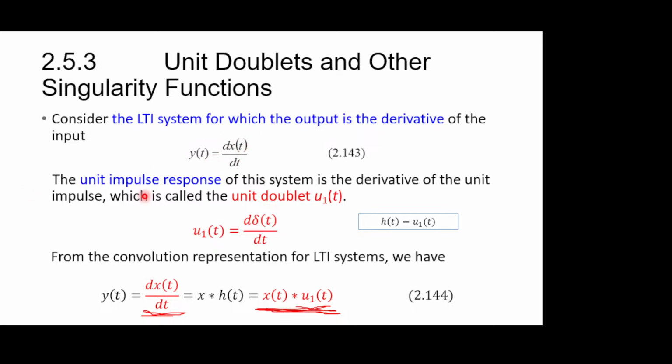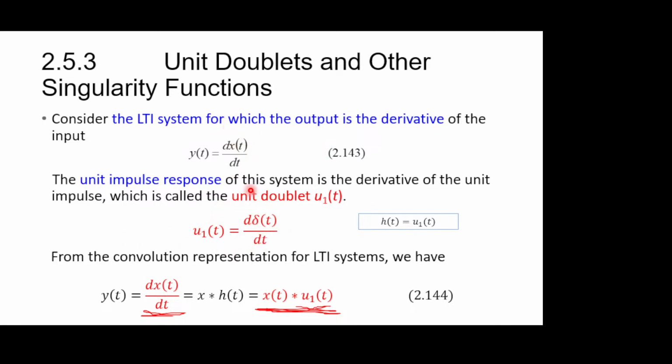So you put delta of t into the input of this system, then you get this weird thing, d delta of t over dt. It looks very ill-defined, but we pretend it's defined, so just write it this way. And we call it u1 of t. So the h of t of this system will be this u1 of t, which equals d delta over dt. This is just by definition.